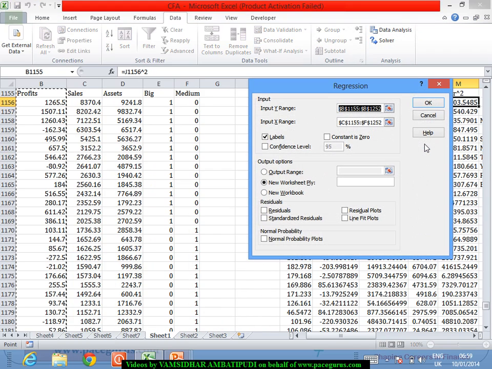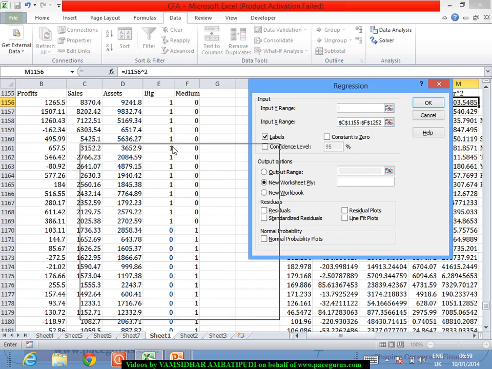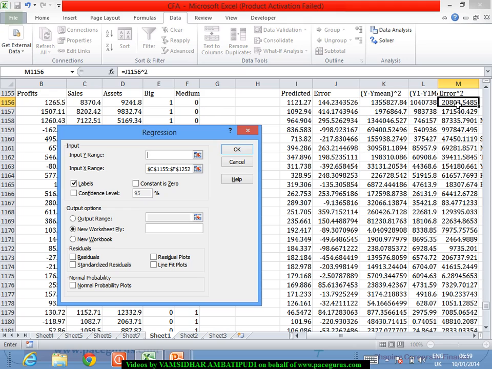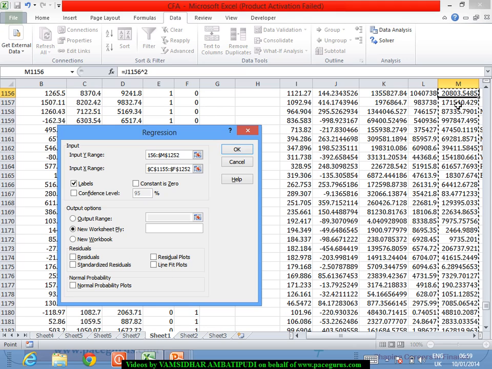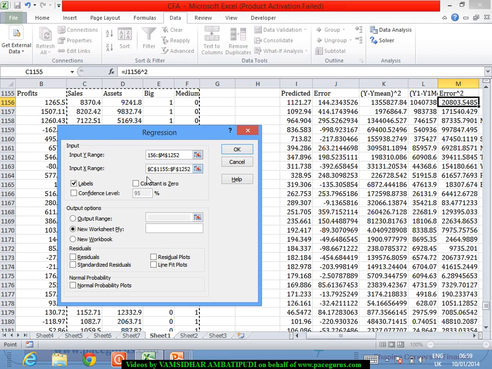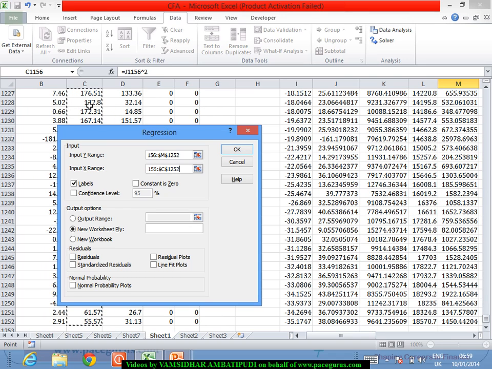Right, in this regression I am taking the dependent variable as the error squared. This is the dependent variable, and I will take only one independent variable, let's say sales. Like that I should try out with all the independent variables.